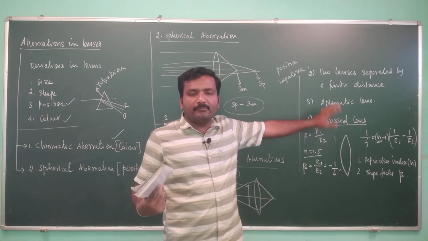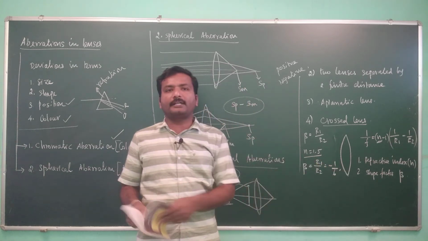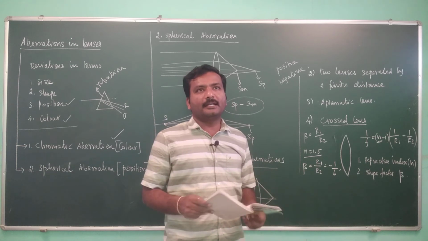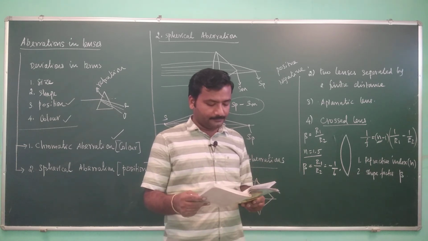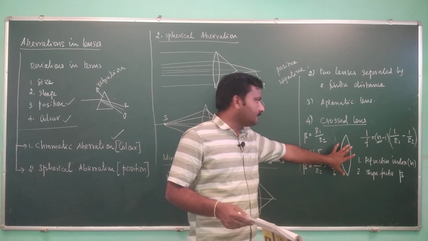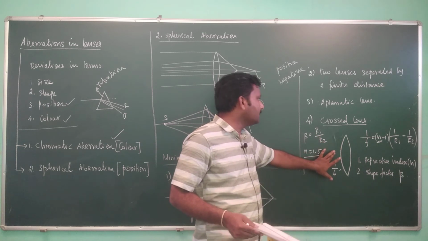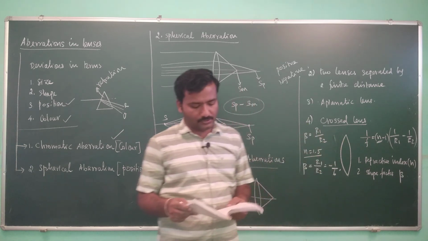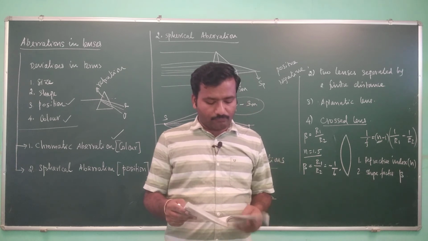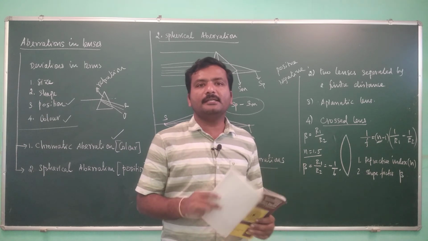For a lens system where the refractive index is 1.5, if the shape factor is minus 1 by 6, then the spherical aberration will be minimum. A convex lens system which satisfies this condition is called a crossed lens. So by using the crossed lens, one can minimize the spherical aberration.